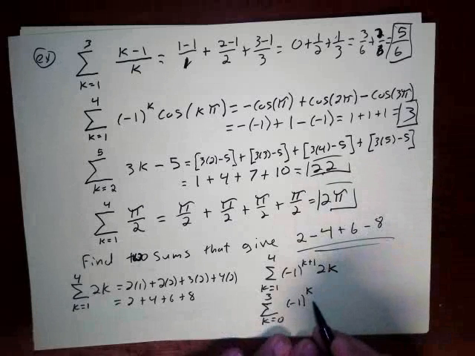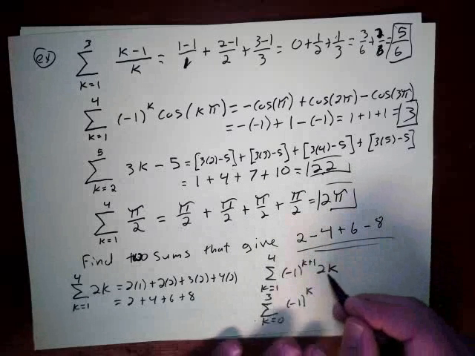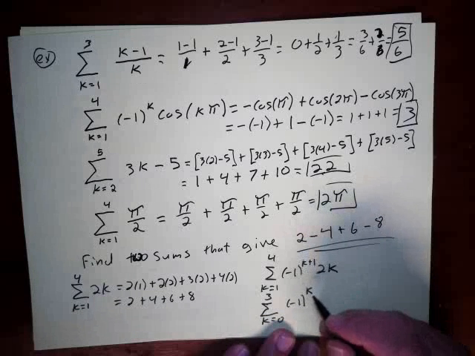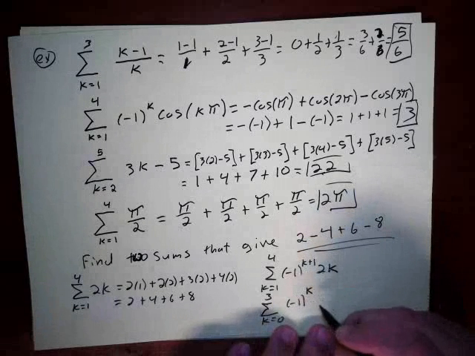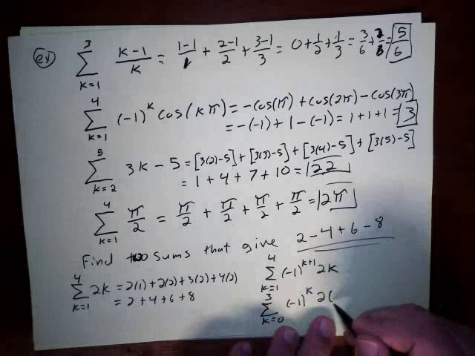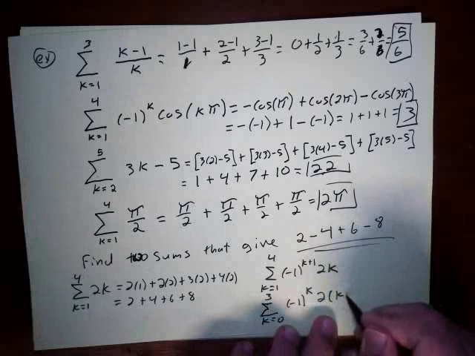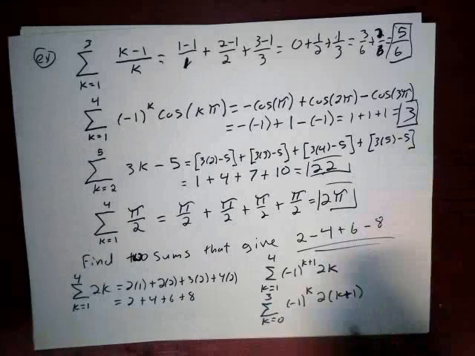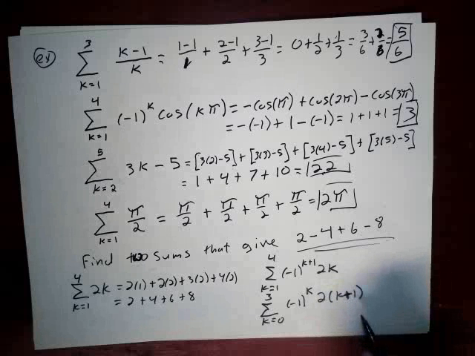So I need it to alternate like that, and then when I put in 0, I got to get 2. Okay, so what I can do here is have 2, and then instead of k, I'm going to have k plus 1, like this, in parentheses. Or if I distribute the 2 over, that would be 2k plus 2.